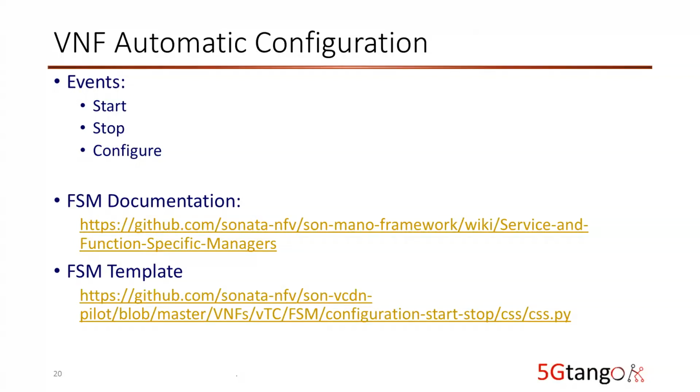The mechanism is the FSM. That is a component that you should develop in order to operate your BNF. The documentation of the FSM is available in the wiki, and also in the GitHub.